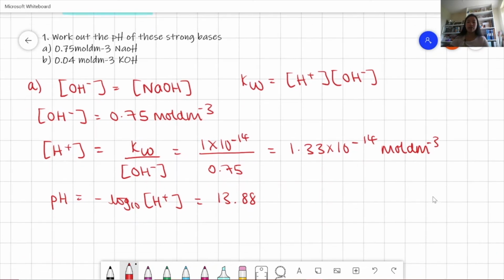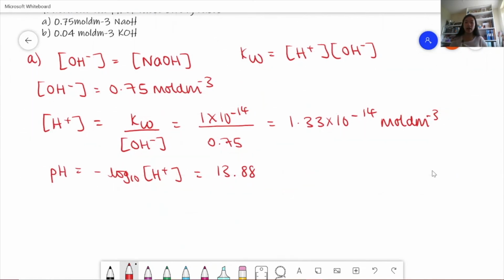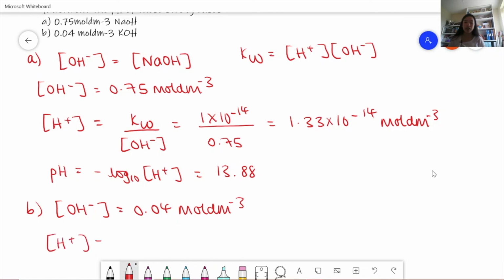And then for B, we do the same thing. We have the concentration of OH- ions equal to 0.04 moles per decimeter cubed. So the concentration of H+ is equal to 1 times 10 to the minus 14 over 0.04, which is equal to 2.5 times 10 to the minus 13 moles per decimeter cubed.